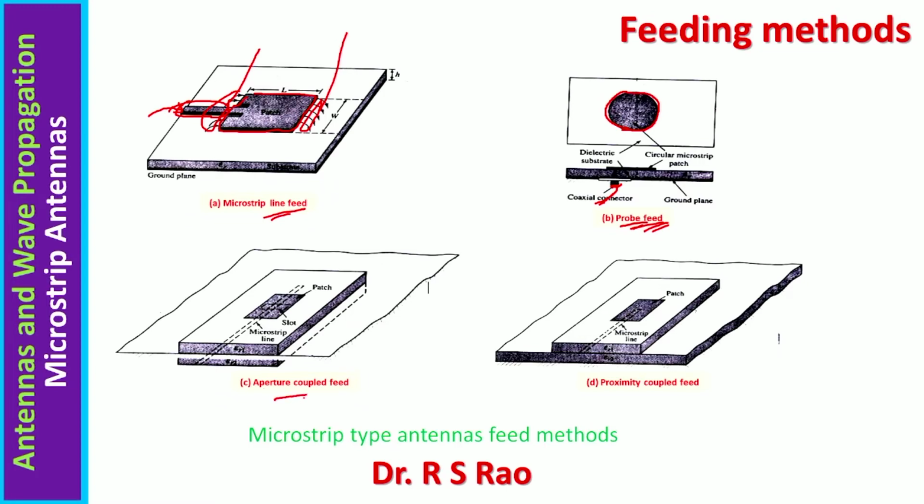Aperture coupled feed. Here is patch. Here is microstrip line. Notice here is a slot. So this is the structure of aperture coupled feed. Proximity coupled feed. This is microstrip line. This is patch. Proximity feeding is given here.